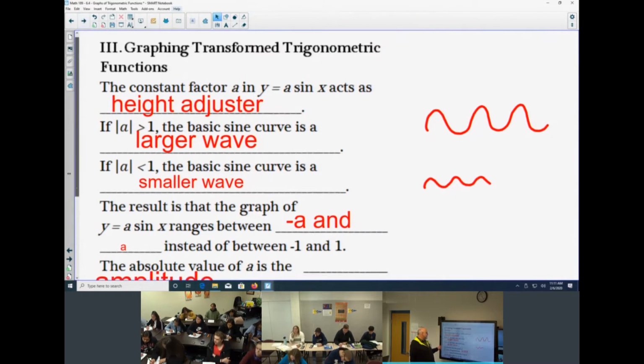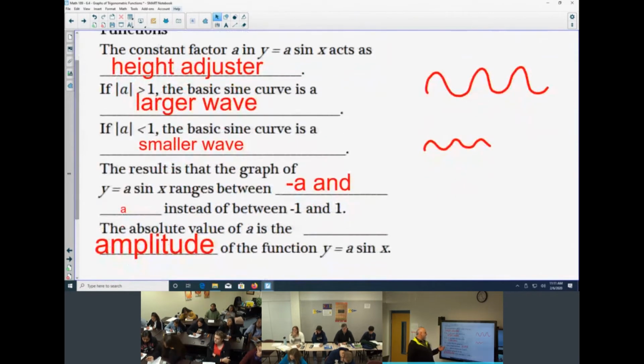The result is that the graph of y equals a sine x ranges between negative a and positive a, instead of between negative 1 and 1. So the normal sine wave and the normal cosine wave live between negative 1 and positive 1. But if we put a number in front, like say 5, then it goes up to positive 5 and down to negative 5.